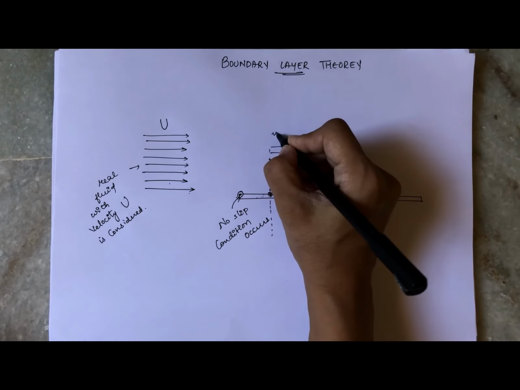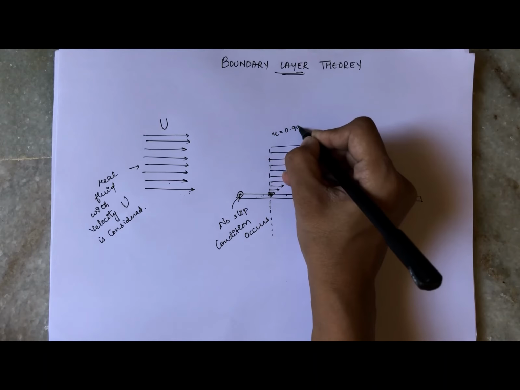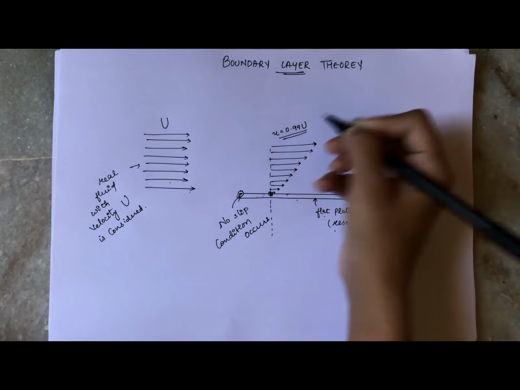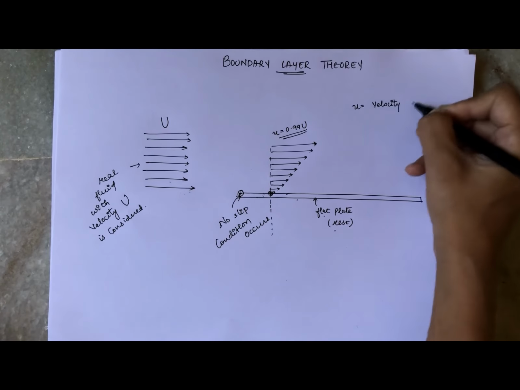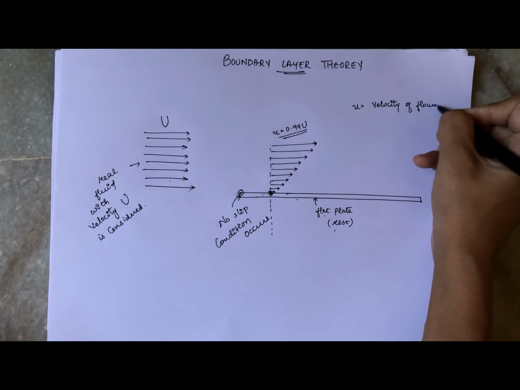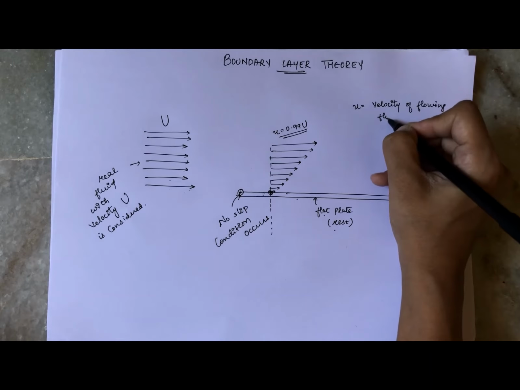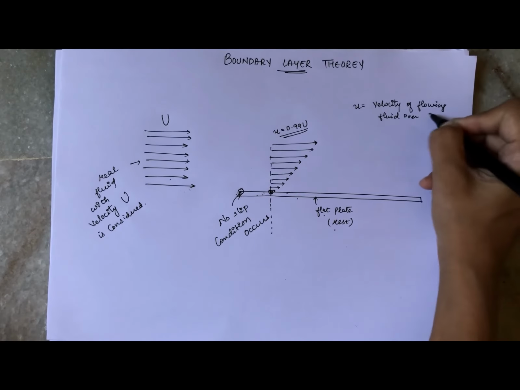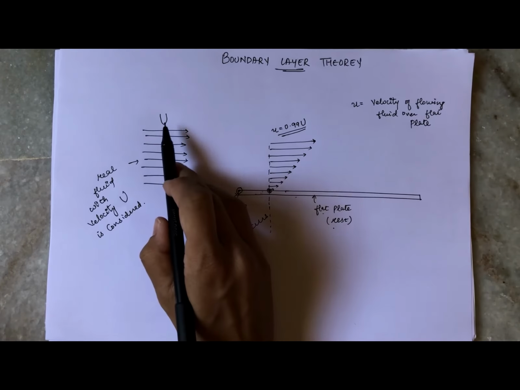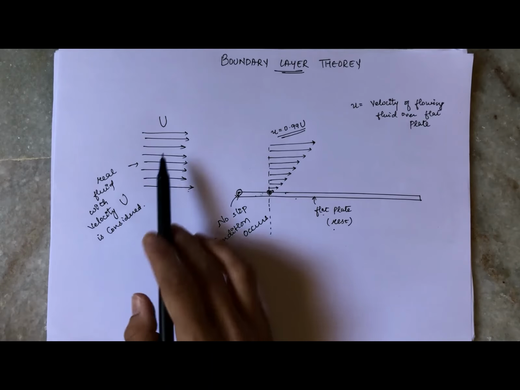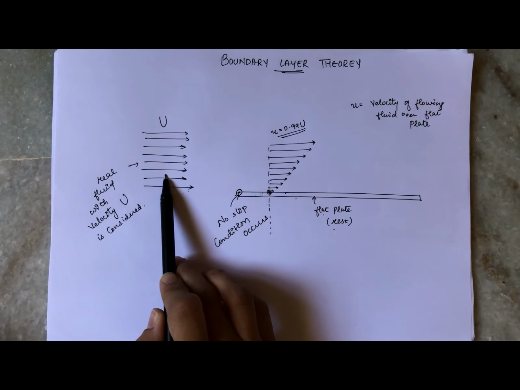That is, small u will become 0.99 times capital U, where small u is the velocity of flowing fluid over the flat plate, and capital U is the velocity of the real fluid when it is not in contact with any solid boundary.